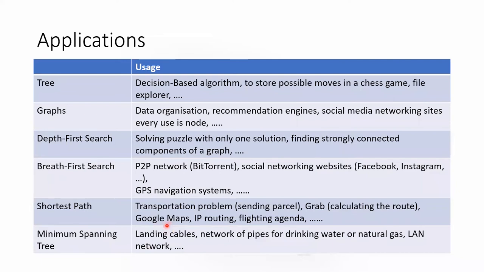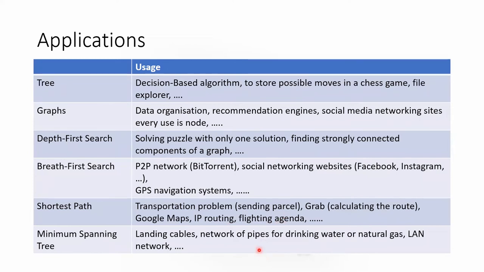It will show you which station you need to take, which line you need to change. And then you go for IP routing in the network. So you want to go from one network to another network. So you can use the shortest path and the flighting agenda.